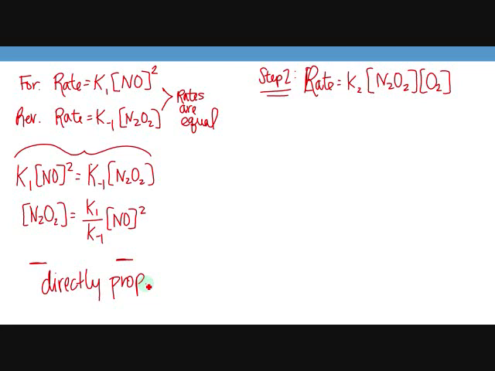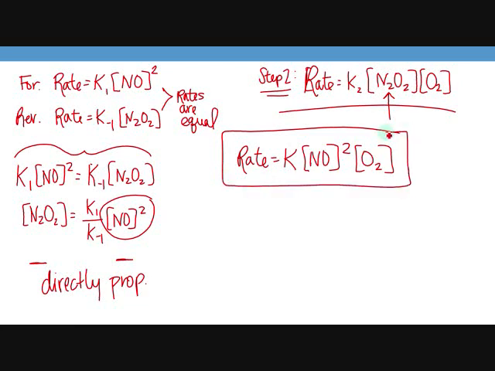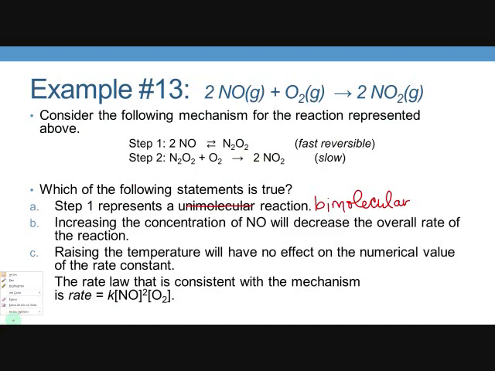All right, so when we replace the N2O2 in this rate law, we get that the rate is equal to K, which we're just going to make our generic K, with the NO squared in place of the N2O2, times the concentration of O2. So this rate law that we have derived from substituting matches the rate law that's said in D. So D is the correct answer for that.